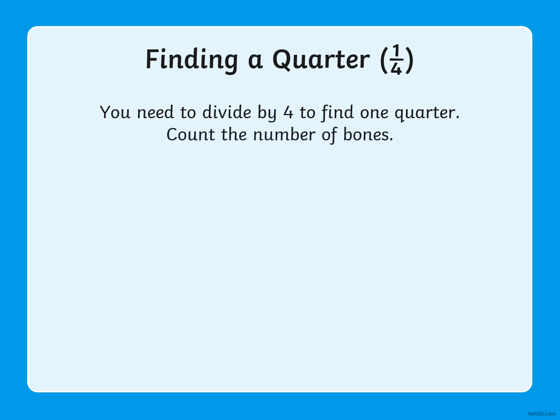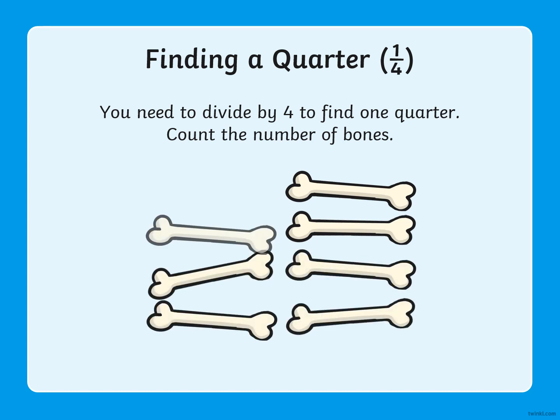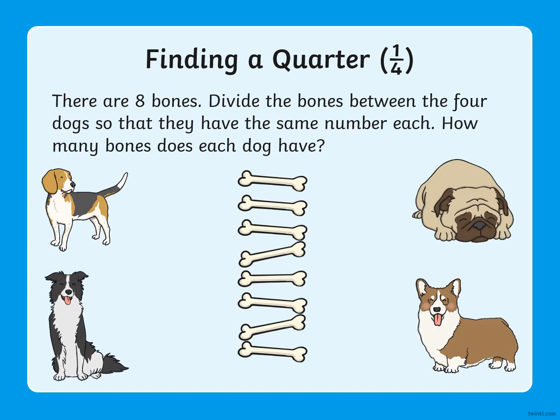Count the number of bones. 1, 2, 3, 4, 5, 6, 7, 8. There are 8 bones. Divide the bones between the 4 dogs so that they have the same number each. How many bones does each dog have?